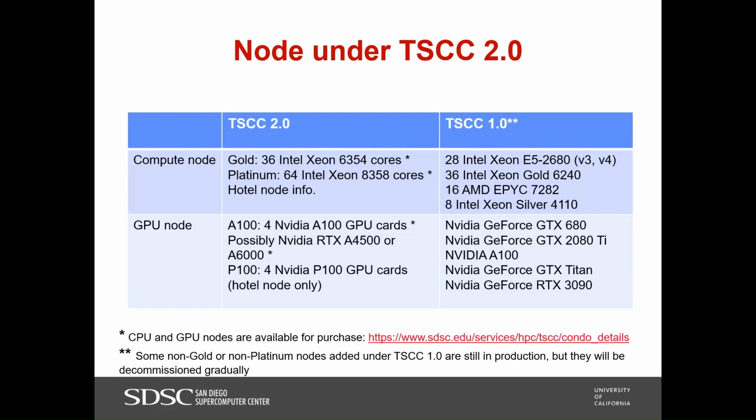We have updated our condo web page, so you can find the configuration and the price details of those CPU and GPU nodes on our website. Feel free to let us know if you have any questions or interest.